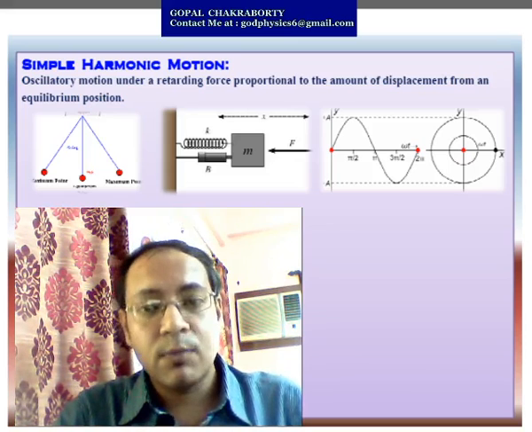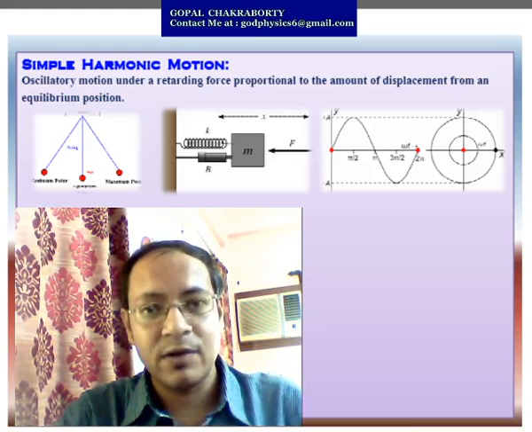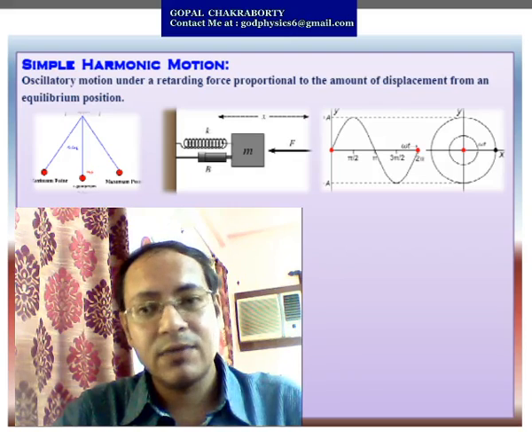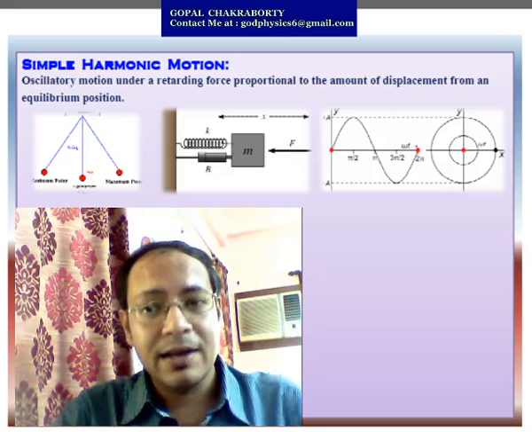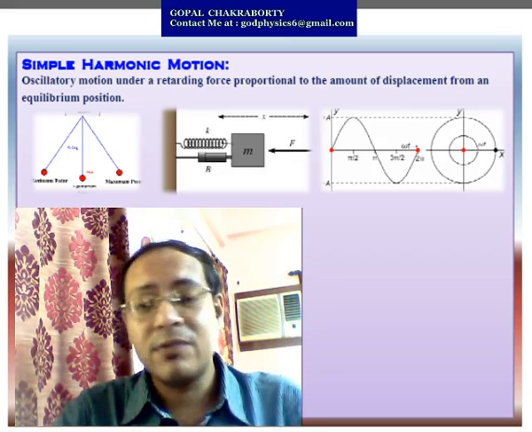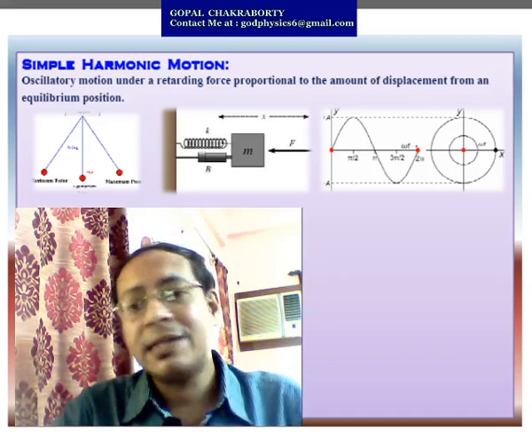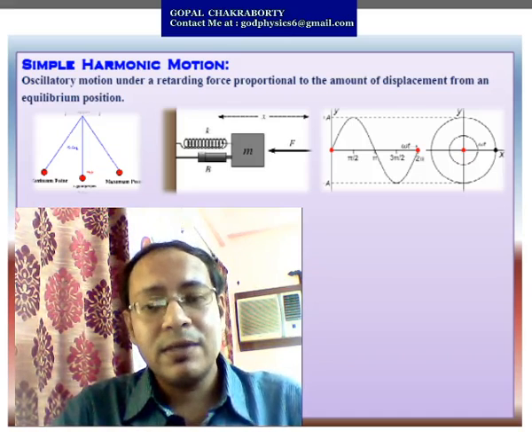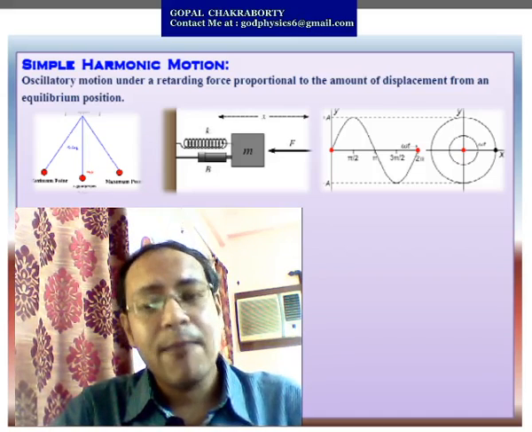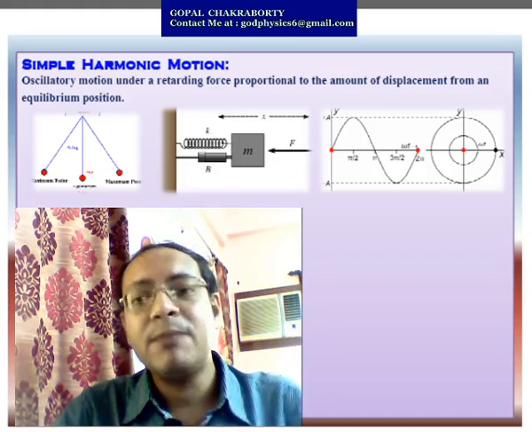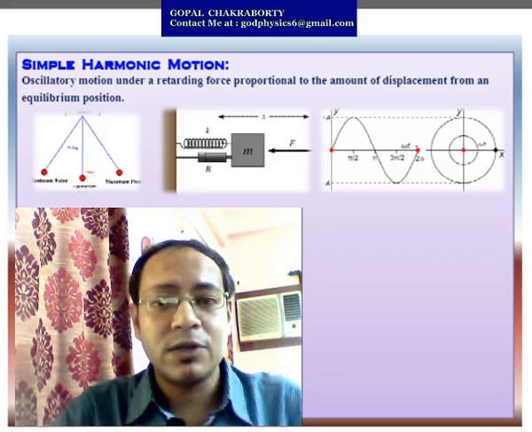Now coming to the point: what is simple harmonic motion? This is very important for you to understand in detail. It is an oscillation where a retarding force or restoring force comes into action, and the amount of displacement from the mean position of rest or equilibrium position is directly proportional to it.